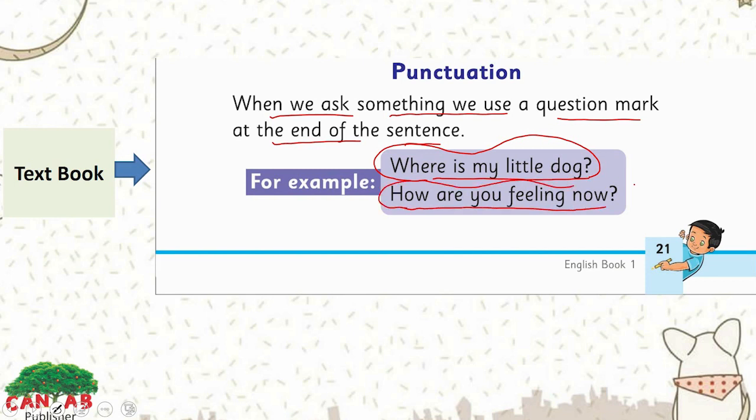It's again in question form, and you can see the question mark at the end. Whenever we ask a question of someone, we add a question mark at the end.